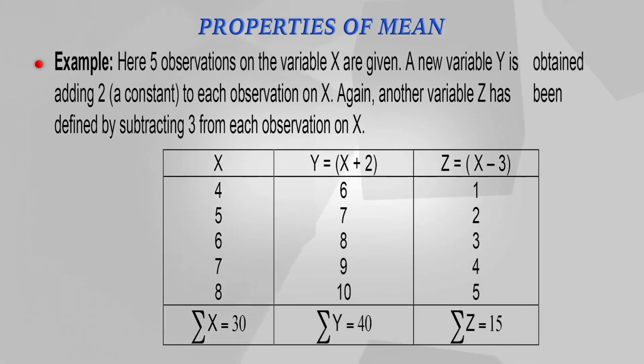So, that is 6, 7, 8, 9 and 10, and the sum of all the y values becomes 40. Now, again we have obtained a z variable by subtracting a constant value 3 from each and every value of the x variable. So, the values of the z variable will be 1, 2, 3, 4 and 5, and the sum of all the observations of the z variable is 15.